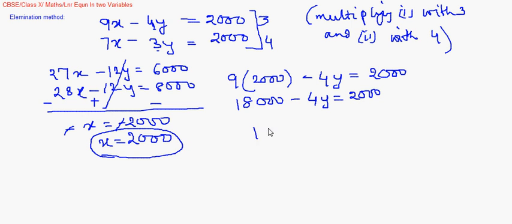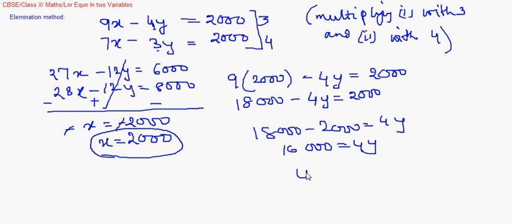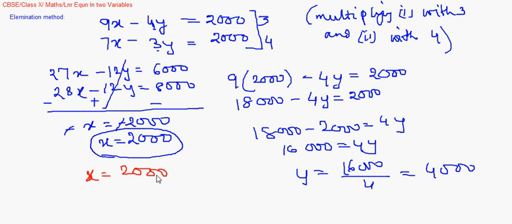So 18,000 minus 2000 equals 4y. 16,000 equals 4y. So y is equal to 16,000 upon 4, that is 4,000. So using the elimination method to solve the given equations, we got x as 2000 and y as 4000.